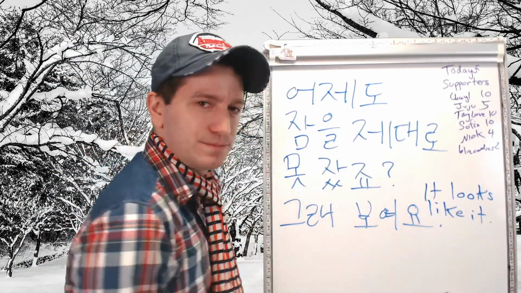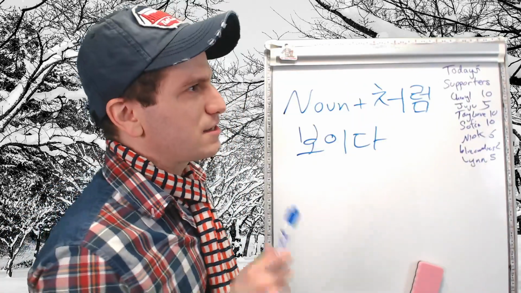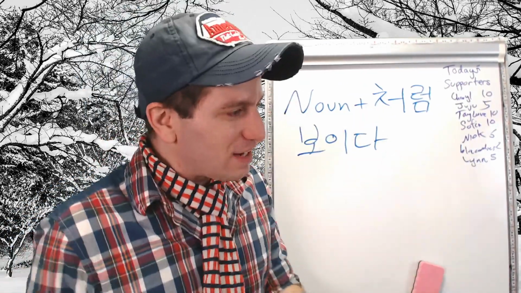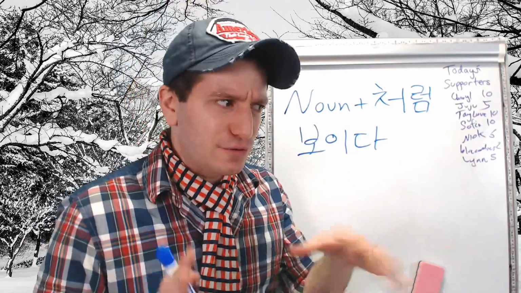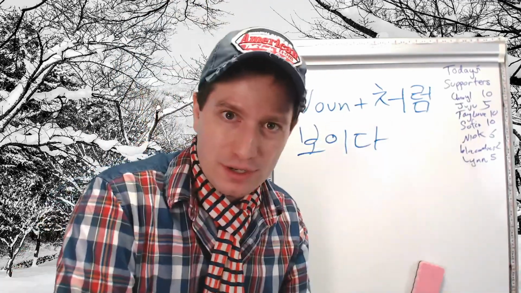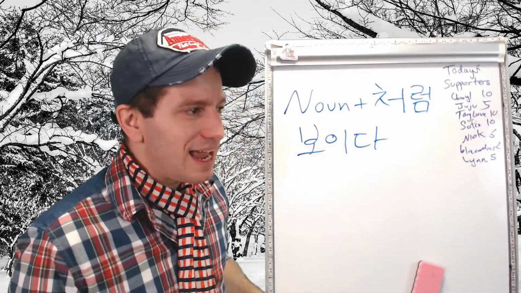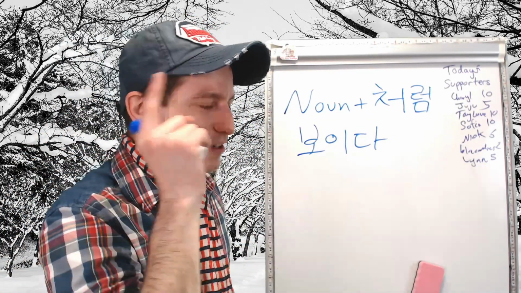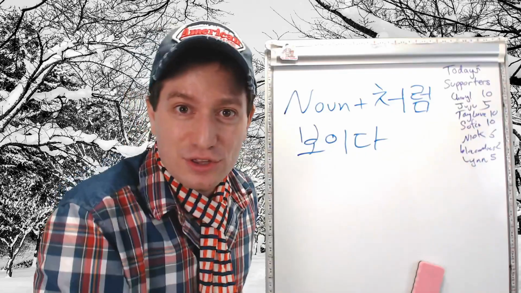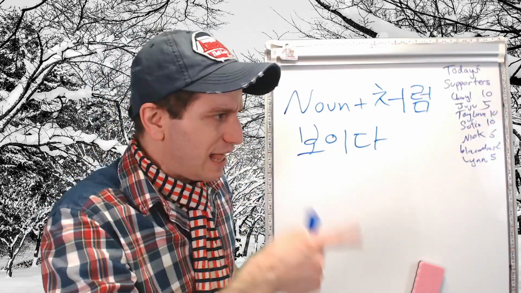그래 보여요. What if you want to say that something physically looks like a noun? For example, what if I want to say that person looks like Charlie Puth? That Cheeto looks like a cat.